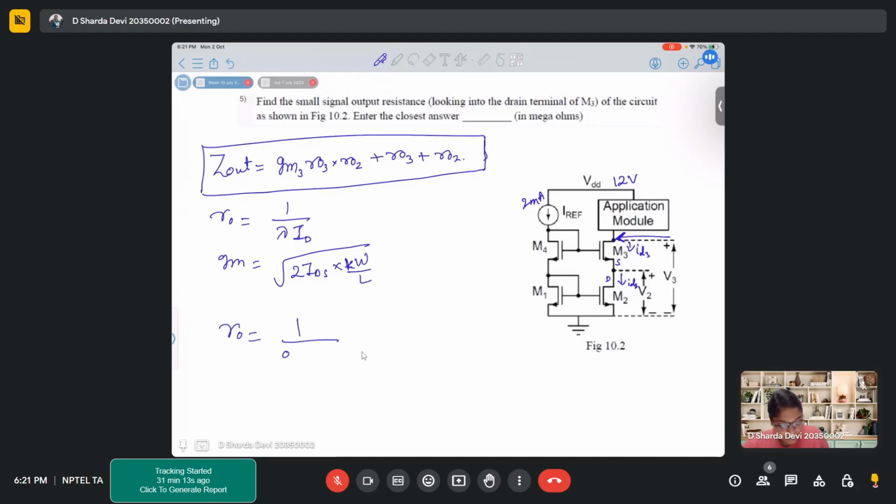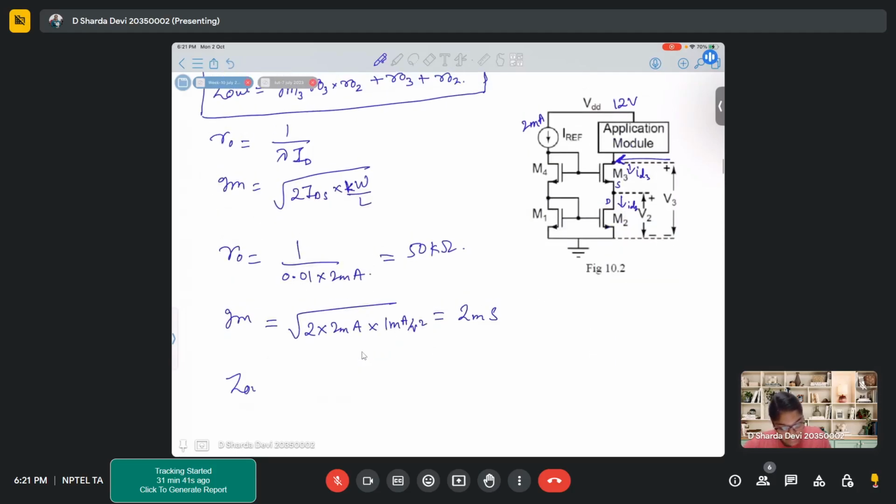R0 is 1 by 0.01 into 2 milliamperes, and Gm is root under 2 into 2 milliamps into 1 milliamp per volt square. So this will give us 2 millisiemens, and here R naught we will get as 50 kilo ohms.